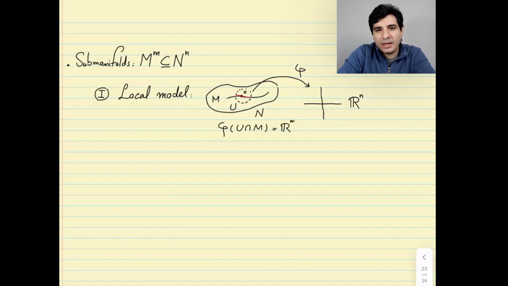So it would be R^m intersected with the image of phi. That was the first way of defining submanifolds, right?